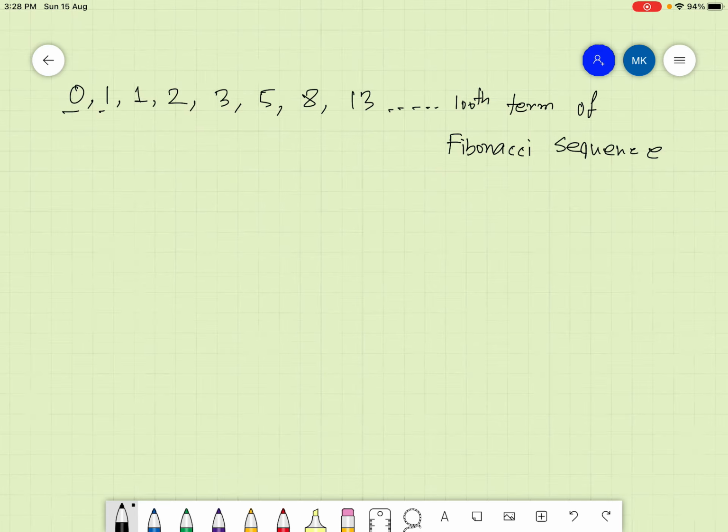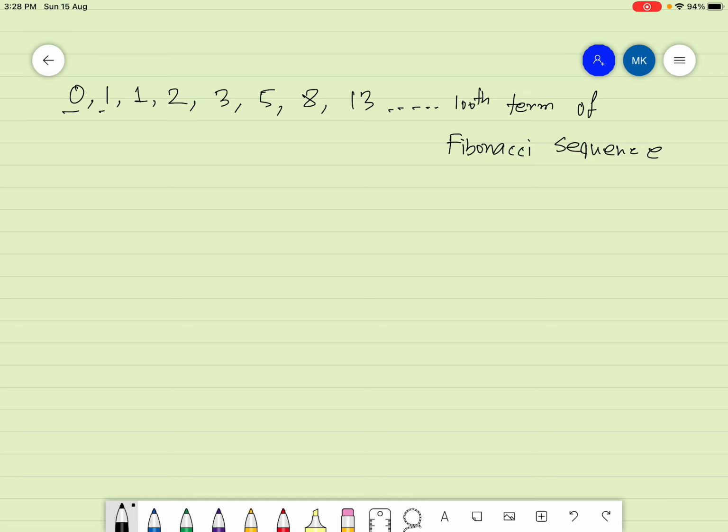So for Fibonacci, this sequence follows this equation: f of k plus 2 equals f of k plus 1 plus f of k.